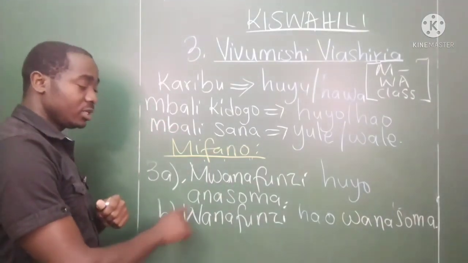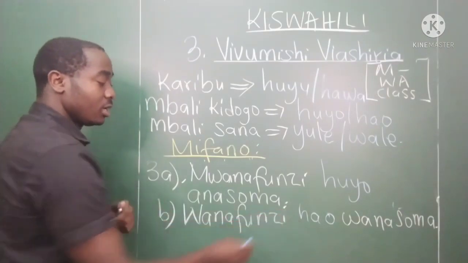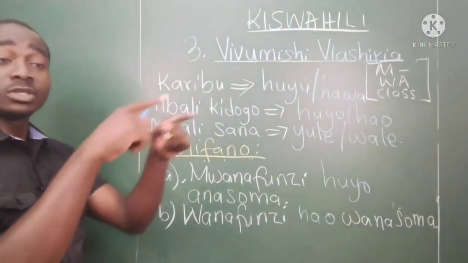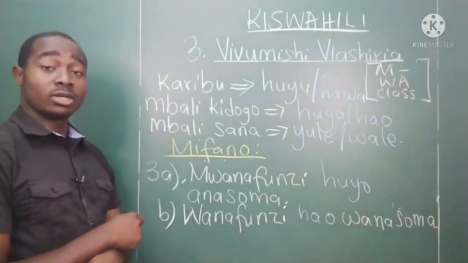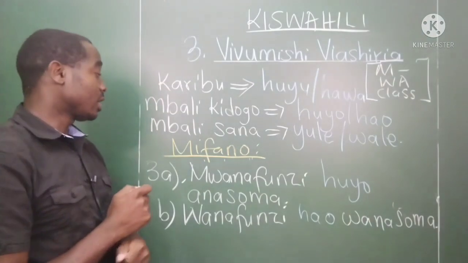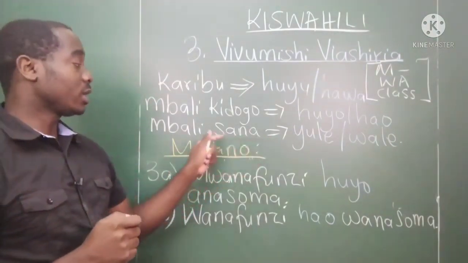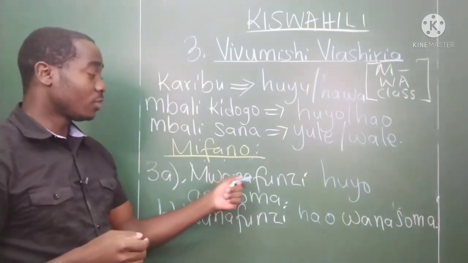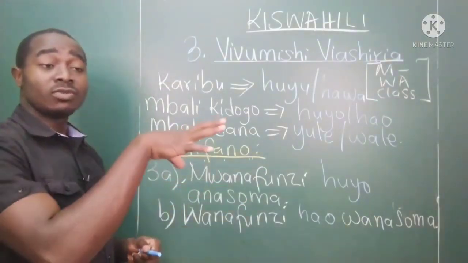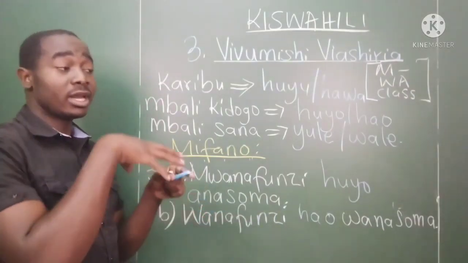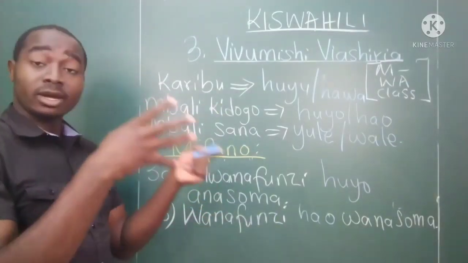And the plural part, wanafunzi hao wanasoma. So, those students are reading. Let's have the example for the third part. Mbali sana, very far. When here I say mwanafunzi huyo anasoma, the student is not very far, it's a little bit far. And here wanafunzi hao wanasoma, they are a little bit far, and they are many.